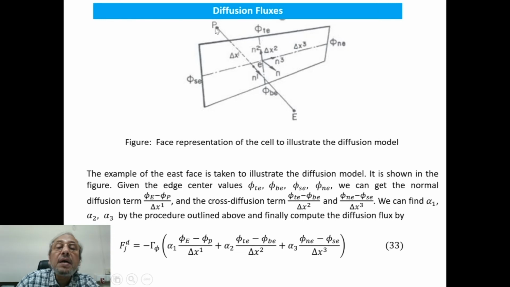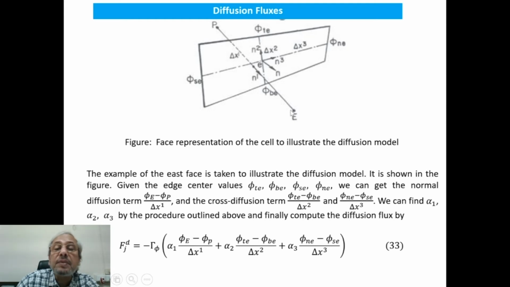This is the magnitude of the distance between the cell center of the P cell, which is identified by P, and the cell center of the E cell, which is identified by capital E. So phi E minus phi P divided by del x1.